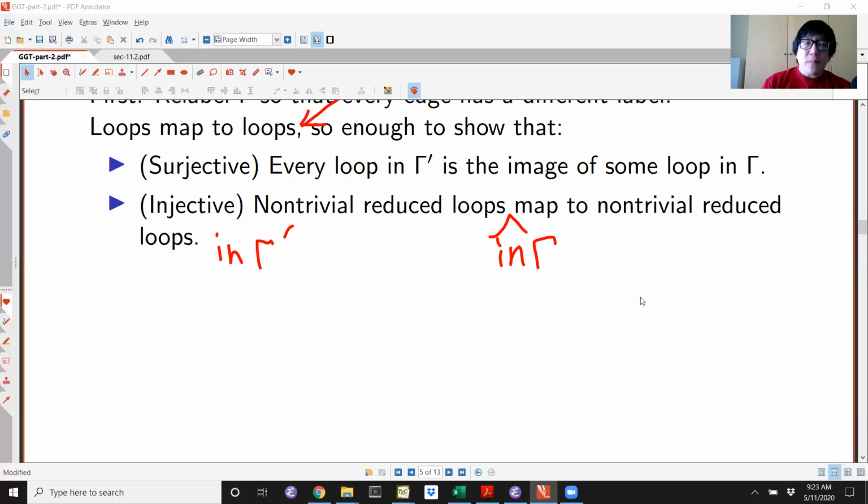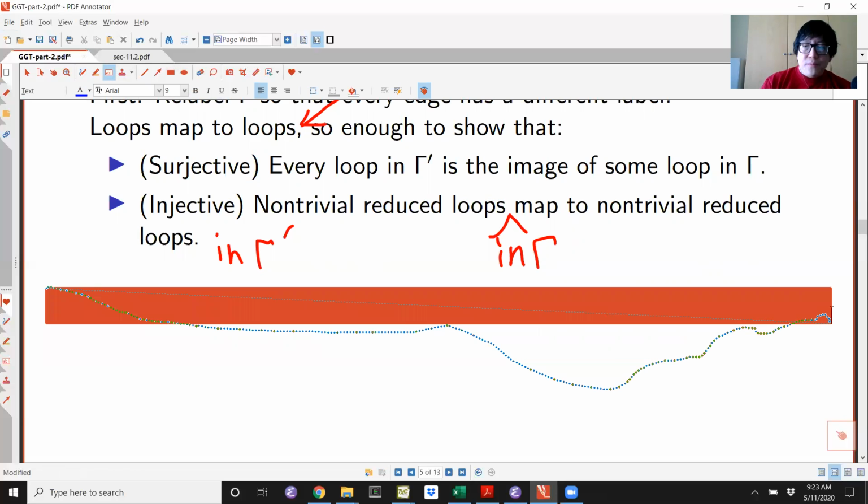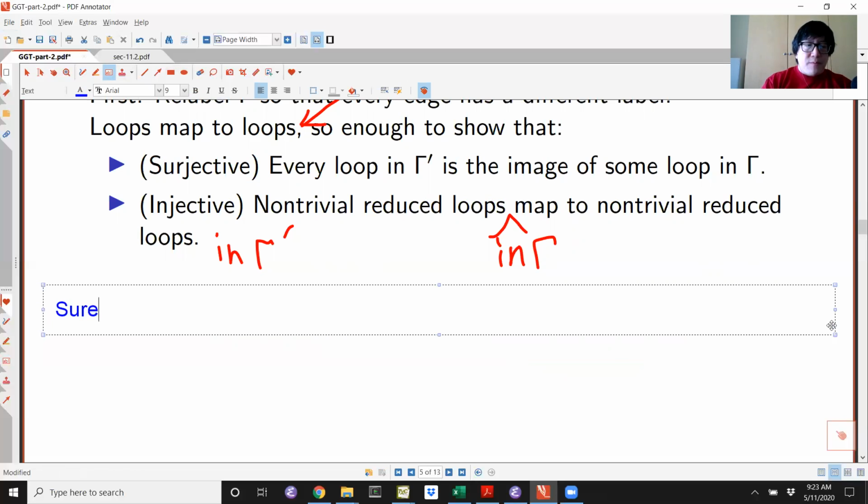Okay, so let's do surjectivity. Suppose we have a loop in gamma prime.